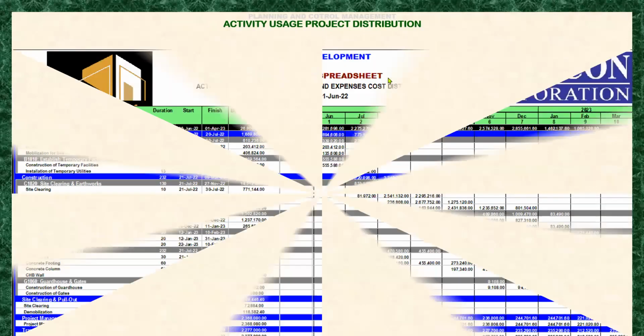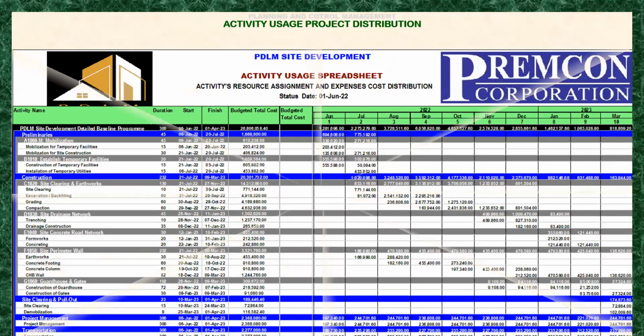Next is activity usage project distribution. Here it is, and this is the method that we use, Primavera P6 activity usage spreadsheet.